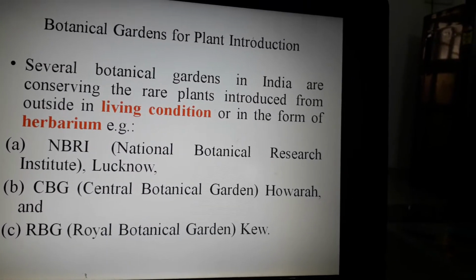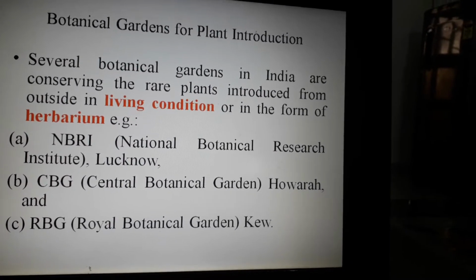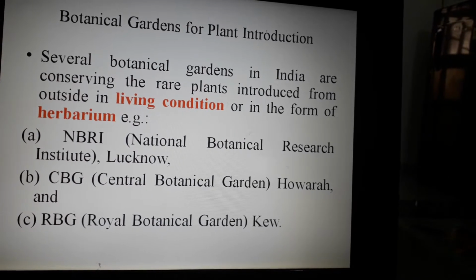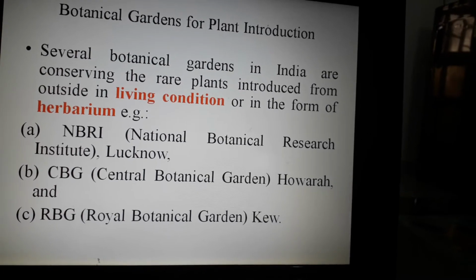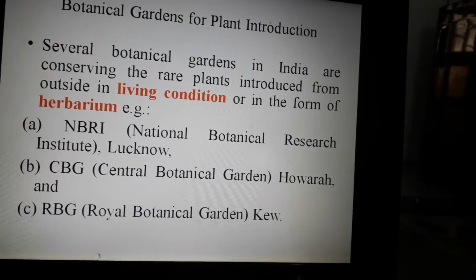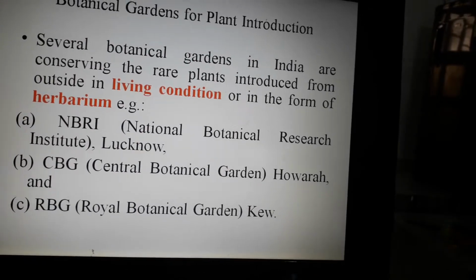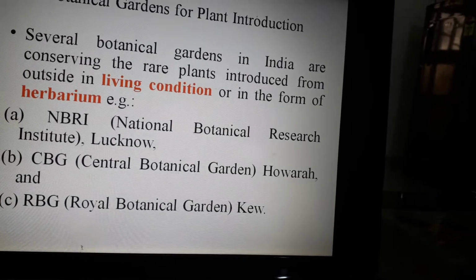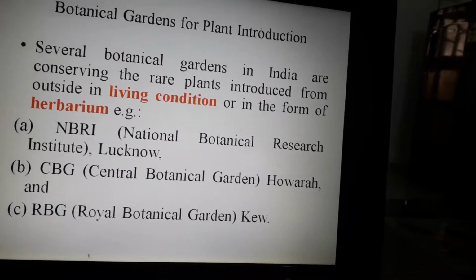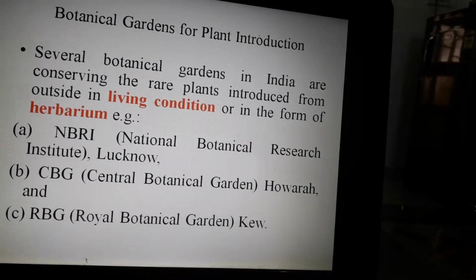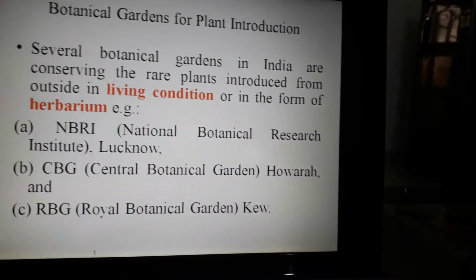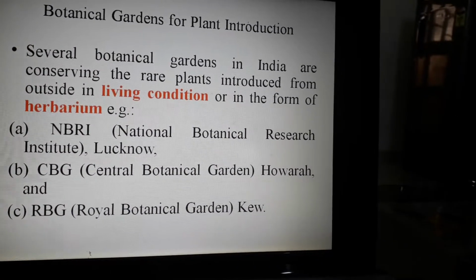In botanical gardens we have three agencies: first the NBRI, second the CBG, and third the RBG. The NBRI is the National Botanical Research Institute, located in Lucknow. It is the first institute from where we can get a plant introduction. We can bring a plant from a different state, a different country or a wild variety, and NBRI will help us to grow that plant.